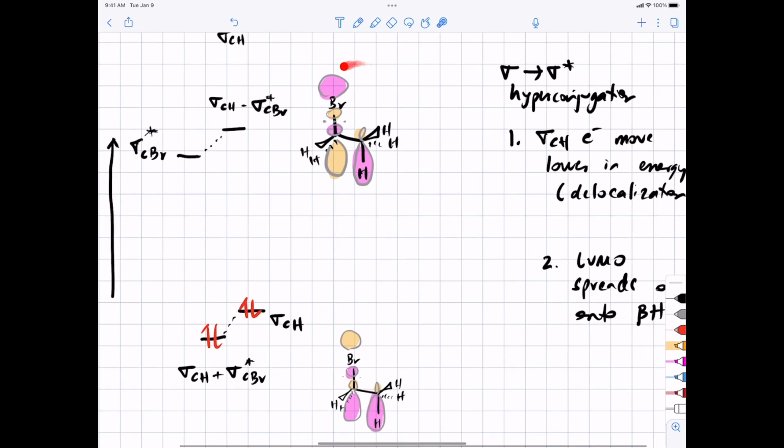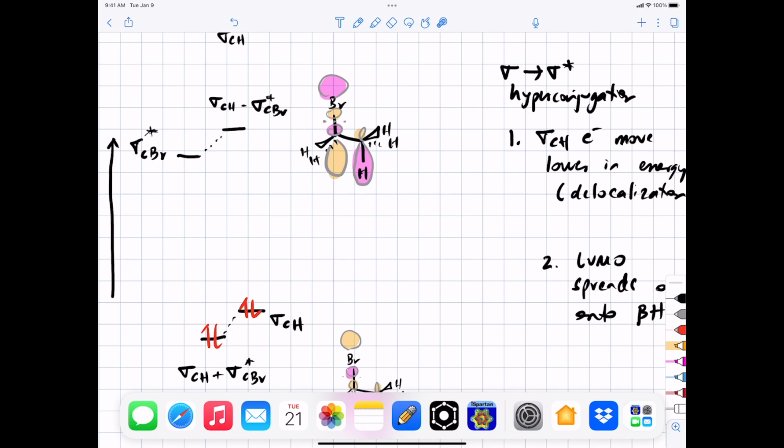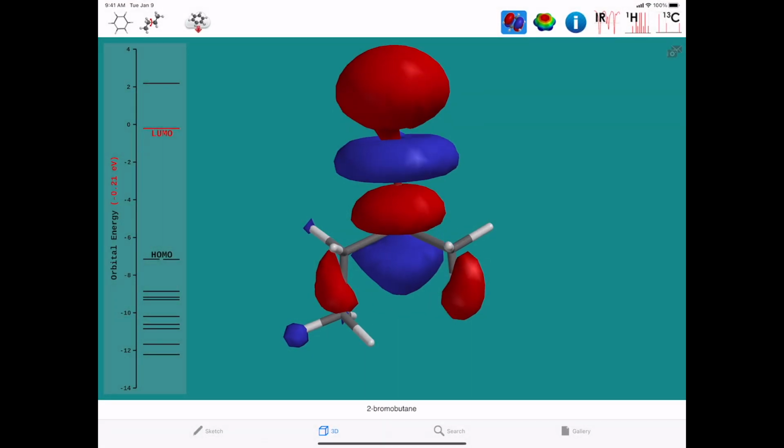So take a look at what we've drawn here and compare it to what we saw in Spartan. Pretty close. What we're looking at is the LUMO of this molecule, which you get by combining adjacent carbon-hydrogen bonds with the sigma star.